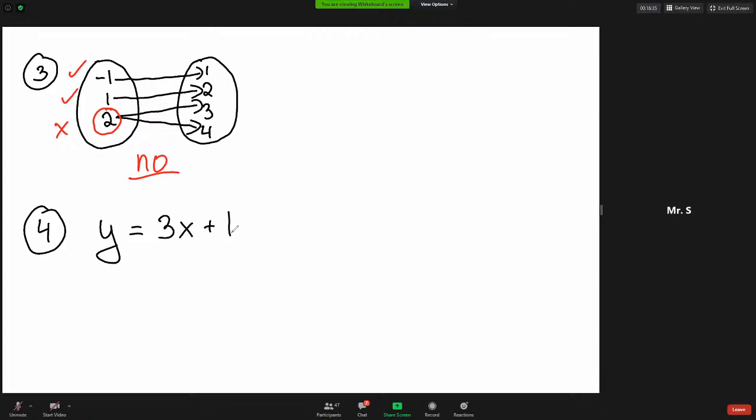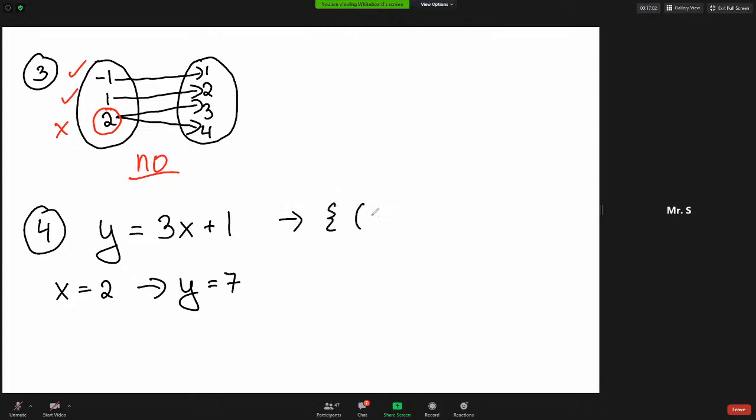This definitely gives us a relation, because if I pick x equals 2, for example, then there will be a corresponding y. For any x I choose, there's going to be a corresponding y value. So if x is 2, then y is going to be 7 in this case, right?